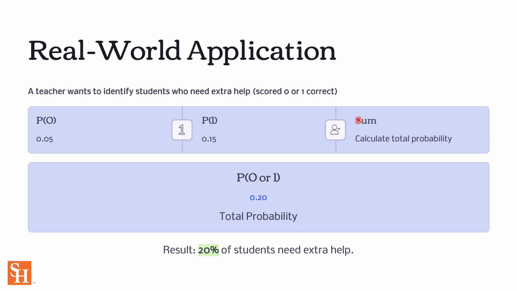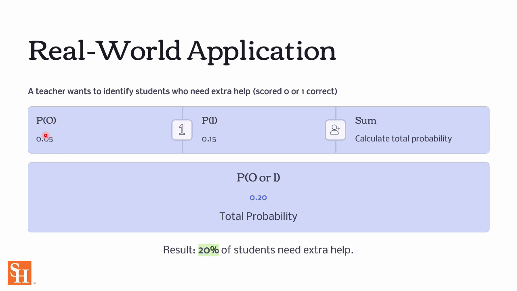For example, you decided that in the test, if anybody scores below 2, then probably this student needs extra help. Then you can decide what percent of the students score below 2, right? In that case, you just take the probability of the students who score either 0 or 1.